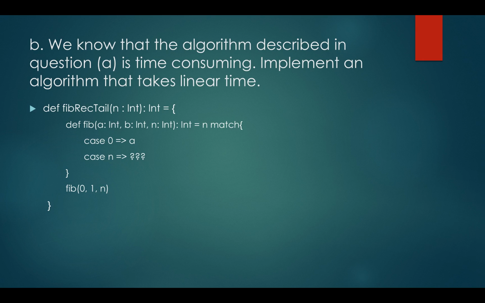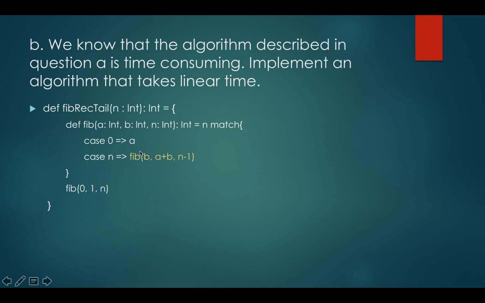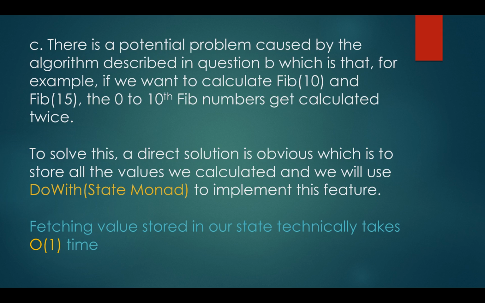So we fix the base case to return a to keep the answer for the general case correct. It's not hard to implement. We update the parameters with the sum of a and b so that they keep track of the newly calculated result. This would give us a linear time implementation, but there is a potential problem.